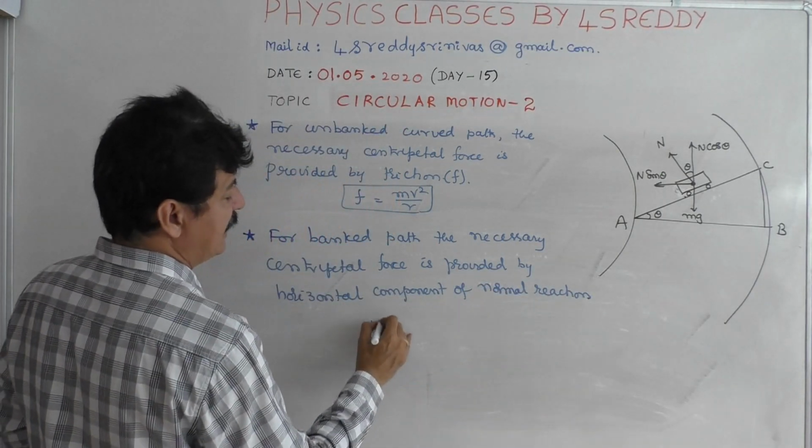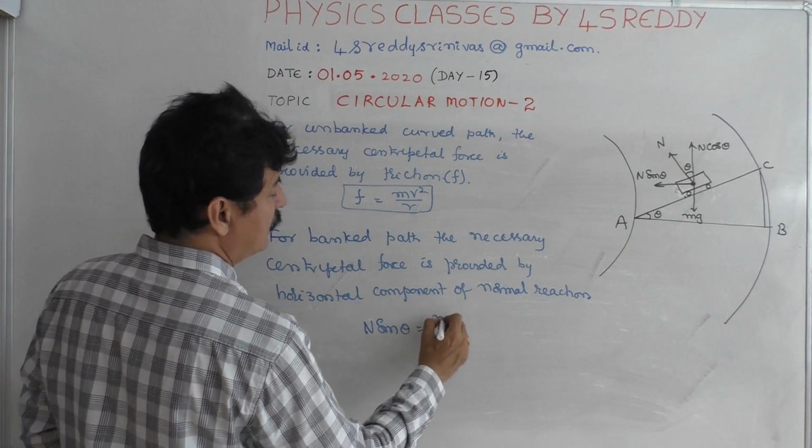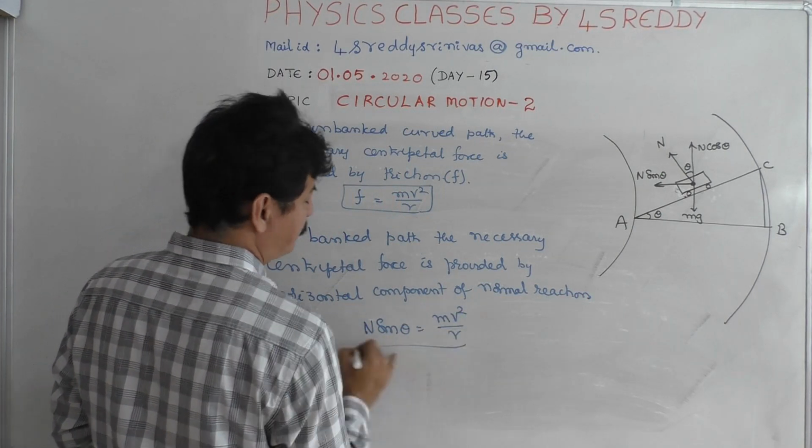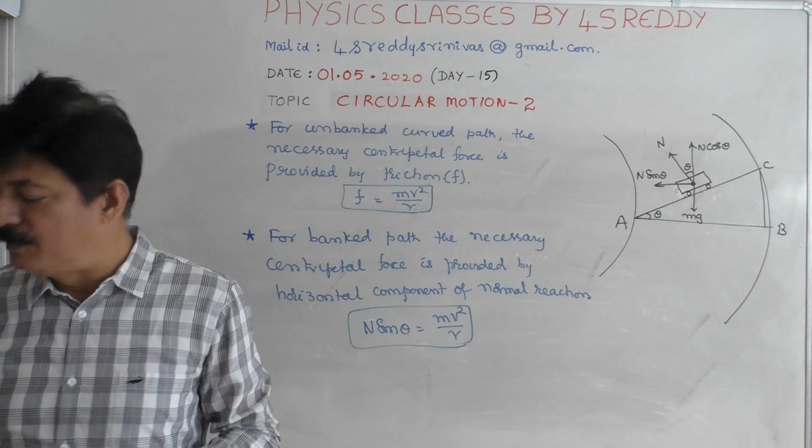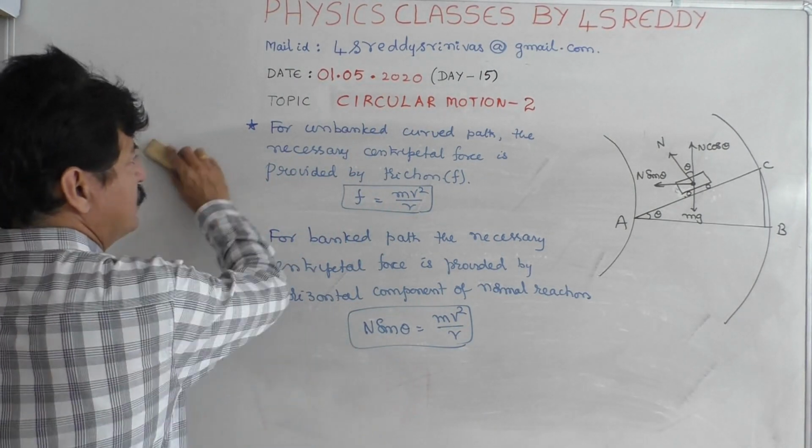Therefore, here N sin theta must be equal to mv square by r. These two are important points related to the centripetal force.